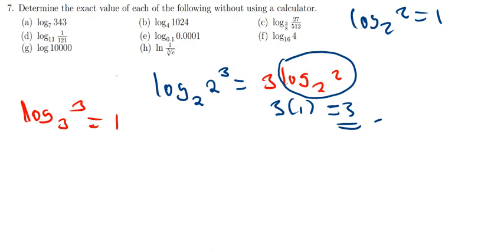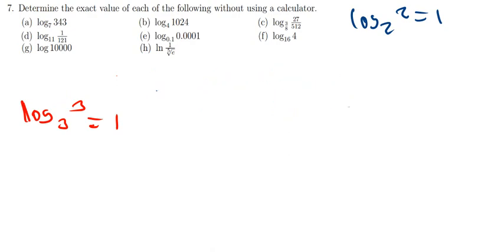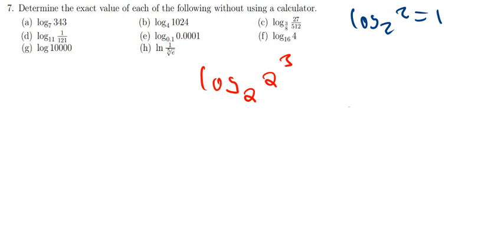So now I gave you an example of saying, what if we have log base 2 of 2 to the power 3? Now we are trying to find the exact value of log base 2 of 2 to the power 3. The property of log allows us to shift the power to be in front. So this is going to be 3 log 2 of 2. So you clearly know the answer for this guy.